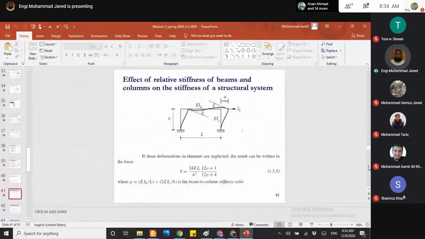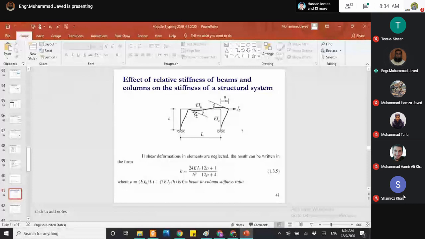अच्छा, effect of relative stiffness of beams and columns on the stiffness of a structural member. Beams और columns की जो relative stiffness है इसकी structural system की stiffness पे क्या effect पड़ता है? The summary is, I will just tell you the summary.